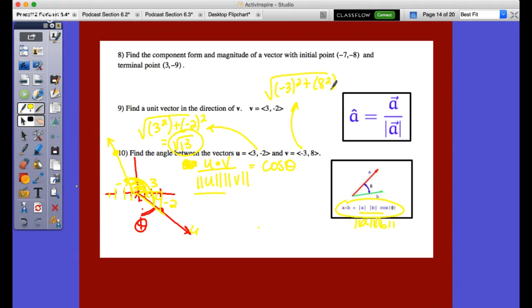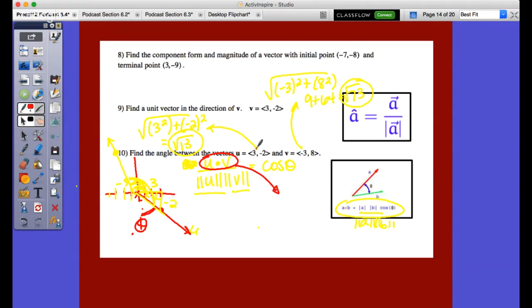So this would be 9 plus 64, which is 73. And then I would square root it to get the square root of 73 as the magnitude of my vector v. So the only thing left is to find the dot product, and I'll do that by drawing an arrow down here.